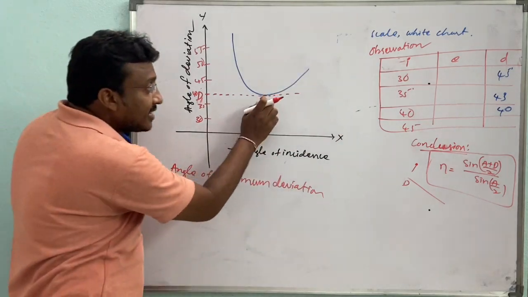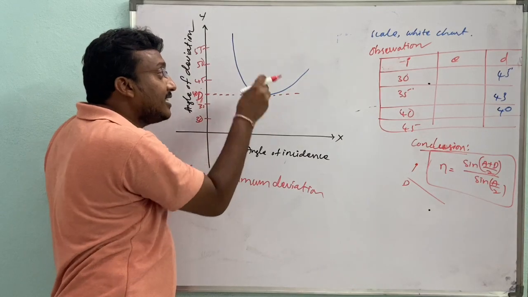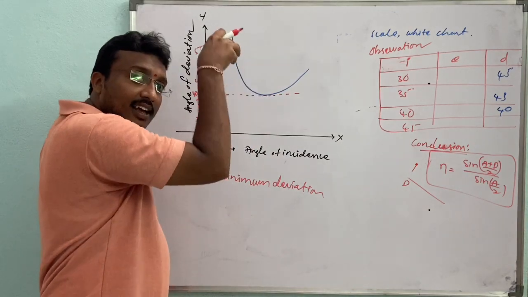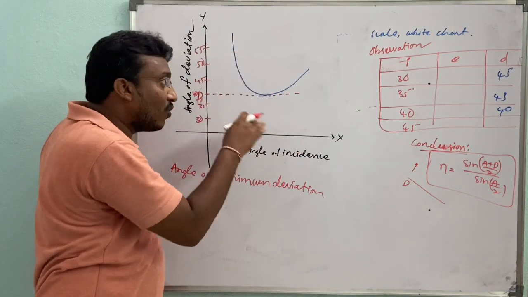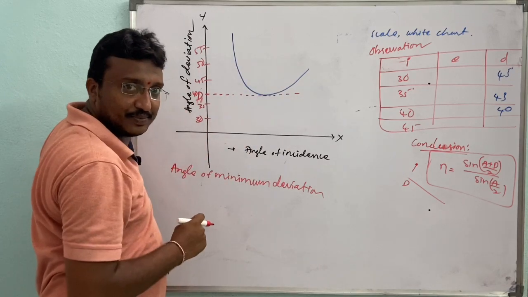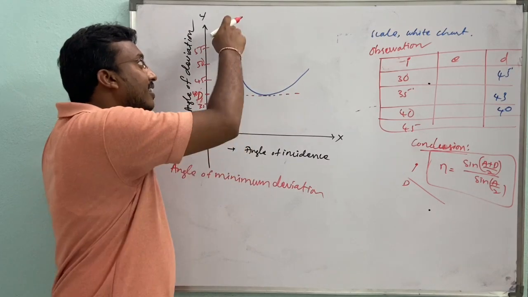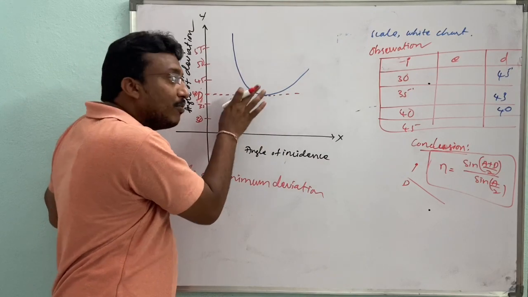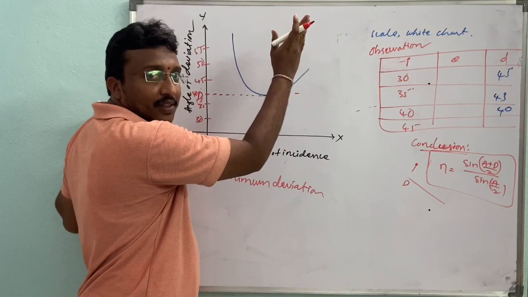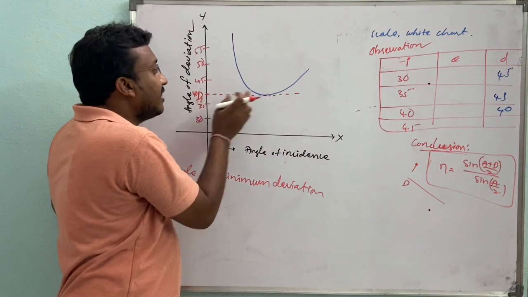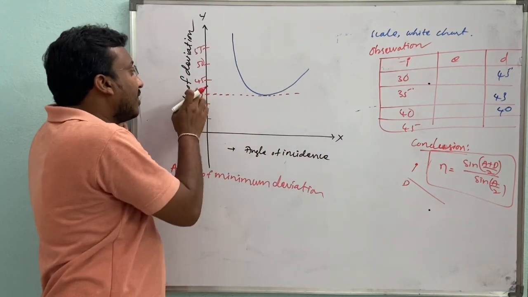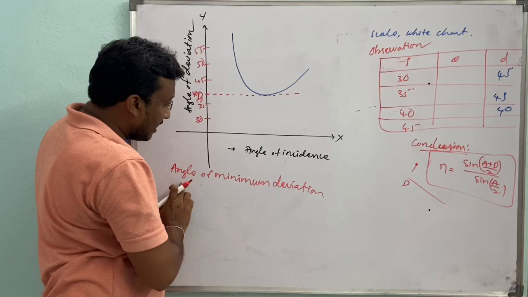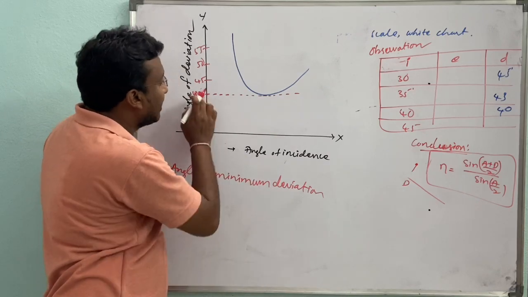Right? The angle of deviation does not decrease further below 40. 40 is the cutoff, right? The minimum angle of deviation reaches up to 40, and from 40 it is increasing. So for this prism, the angle of minimum deviation is 40.